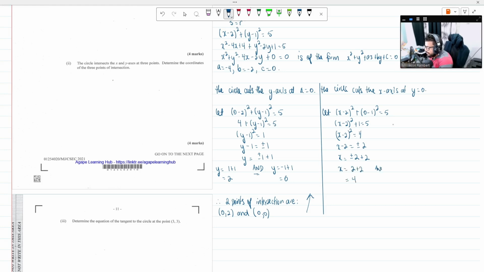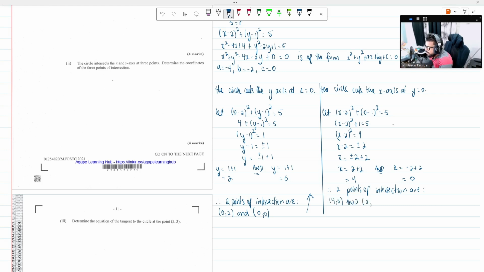And x is equal to minus 2 plus 2, which is 0. So therefore, 2 points of intersection are, and you'll realize 1 point repeats, right? When x is 4, y is 0.